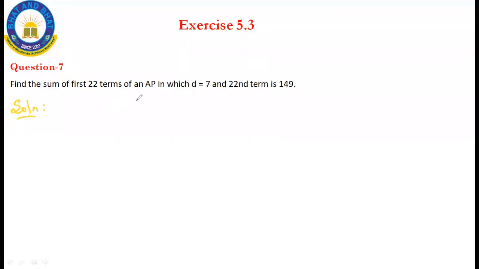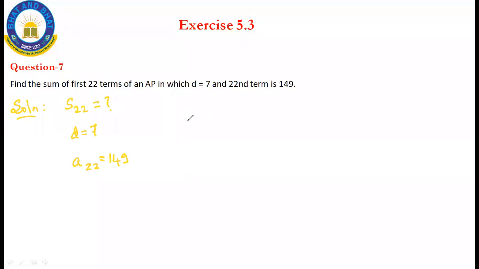The sum of the first 22 terms of an AP in which D is 7 and the 22nd term, that is A22, is 149. So what is S22?